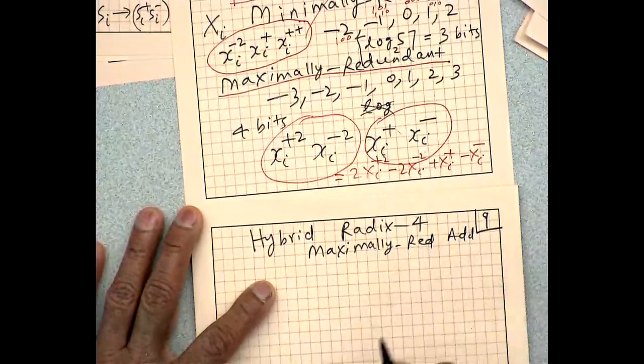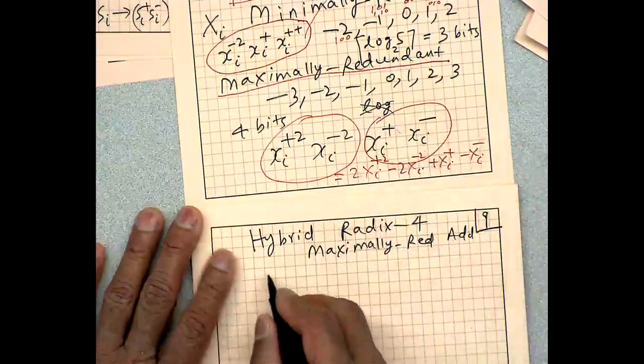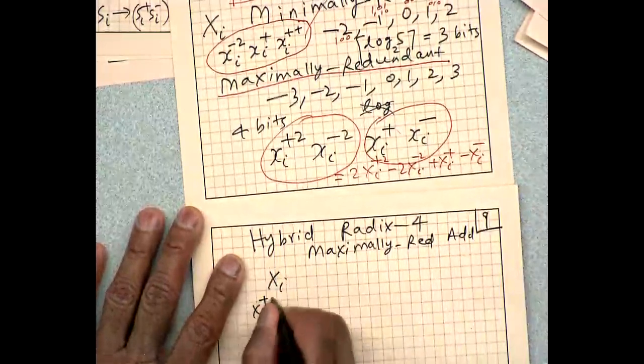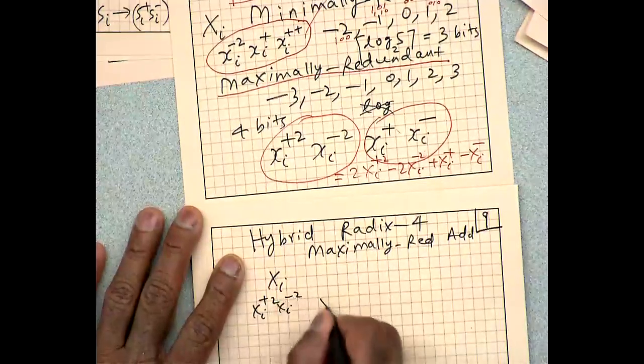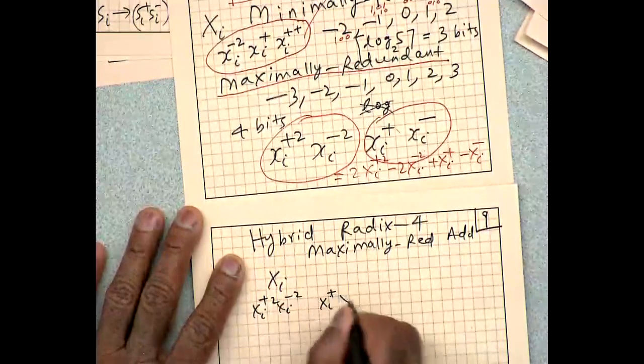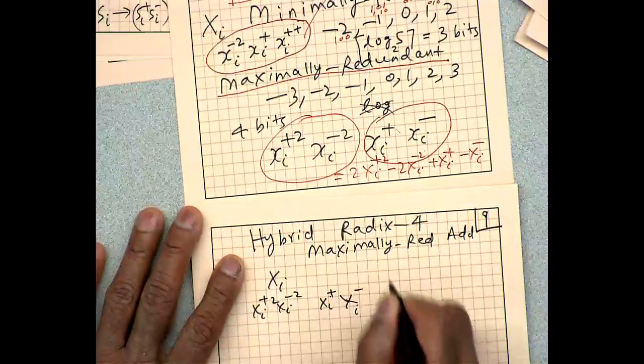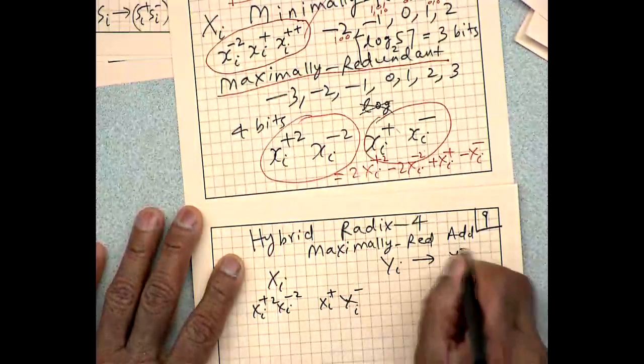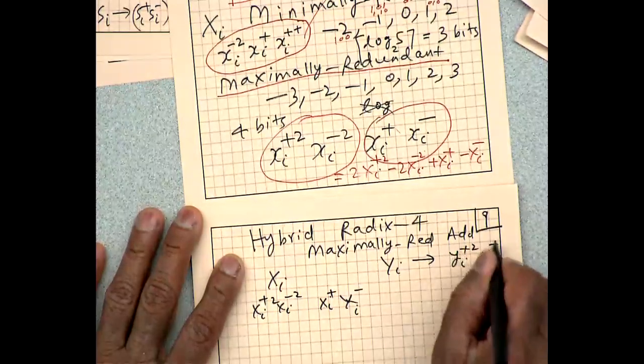Okay, so that means we take xi plus 2, xi minus 2, xi plus, xi minus, and then we take yi plus 2 and yi plus.